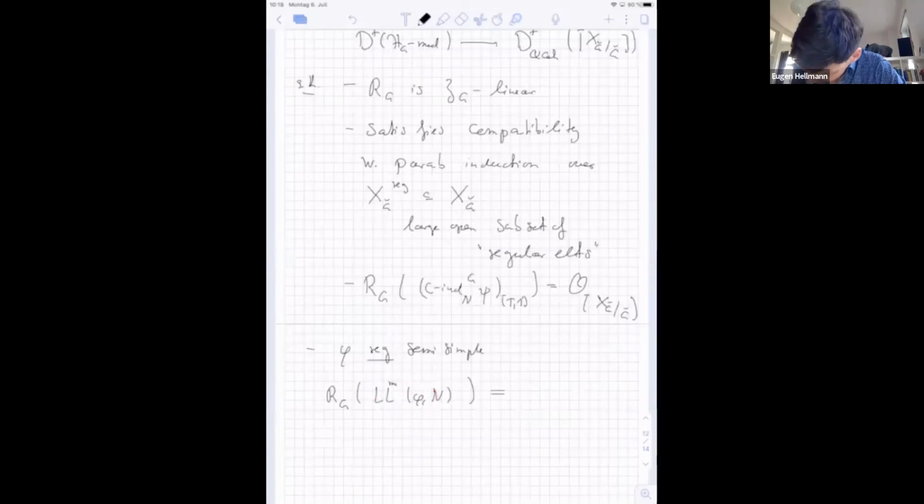But if you instead do this modified correspondence, so you take the induced representation of which they come as a quotient, then you actually get something very nice. Namely, you get the structure sheaf of their G orbit, which is a locally closed subset.